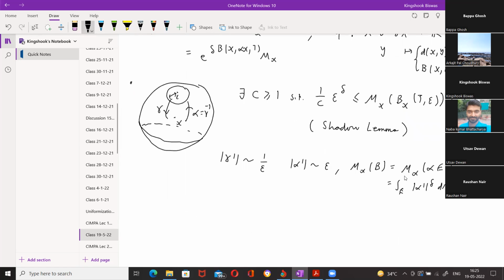So once you have this, then what you get is that mu x is absolutely continuous with respect to Hausdorff measure of dimension delta. They're mutually absolutely continuous.